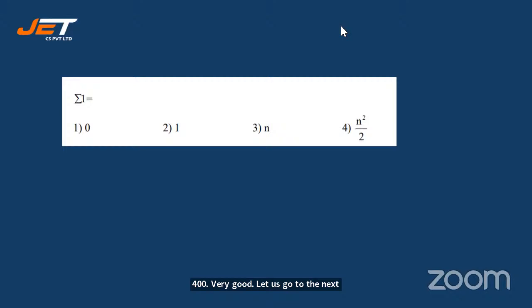Summation of 1 is equal to. Yes, summation of 1 is equal to. You can't give me the options as 1 or 2, Avignesh. ఏదైనా ఒక ఆన్సర్ చెప్పండి.